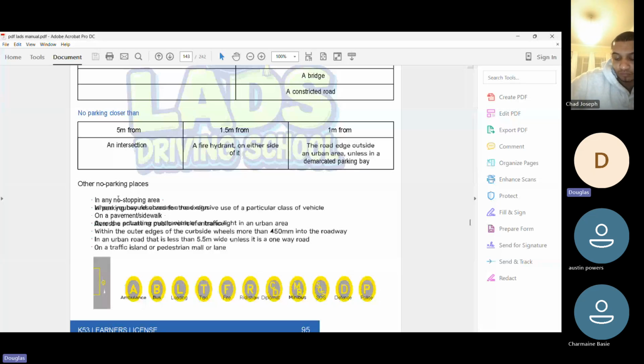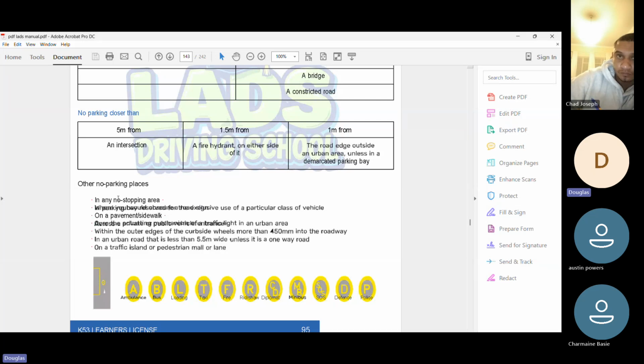You are not allowed to stop on parkings that are exclusively for a particular class of vehicles. For example, if this area is for ambulances, it's an ambulance parking, you're not allowed to stop there.